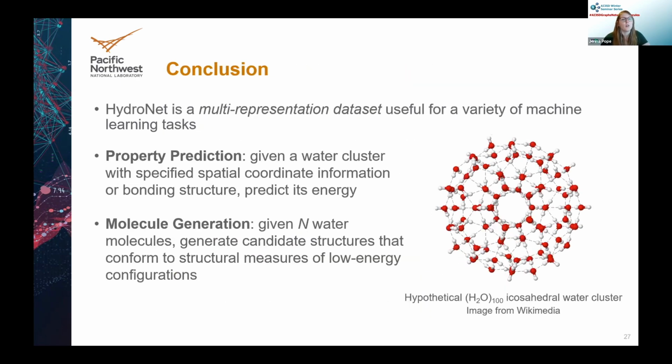So overall, I hope I've shown you the usefulness of our multi-representation data set called HydroNet, and how it can be used for property prediction in both coordinate space and graph space. And so there's still a lot of potential for improving property prediction with graph neural networks, and we really believe our data set can help advance that effort, especially when it comes to non-bonding interactions, like hydrogen bonding interactions that aren't explicitly covalent bonds.